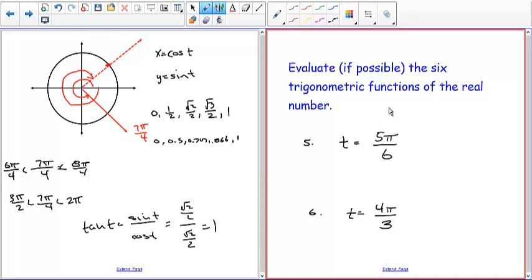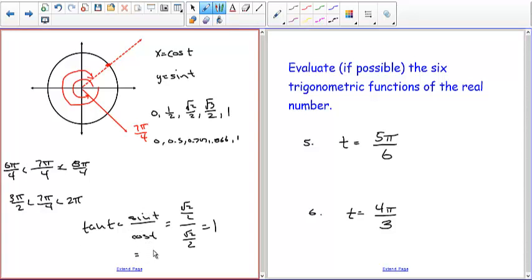Okay, now it's asking for all 6 trigonometric functions. Looking at the book, what they do is, instead of doing the sine over the cosine, they just do the y coordinate over the x coordinate, which is the same thing, because I'm saying x is the cosine and y is the sine. So you can do the same thing there.